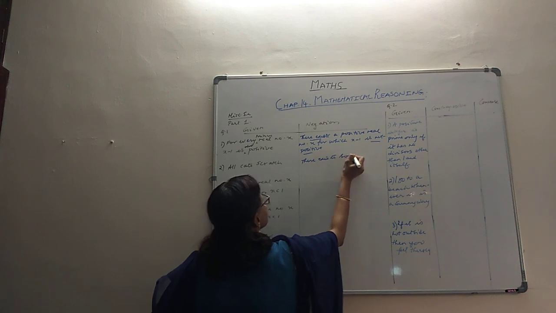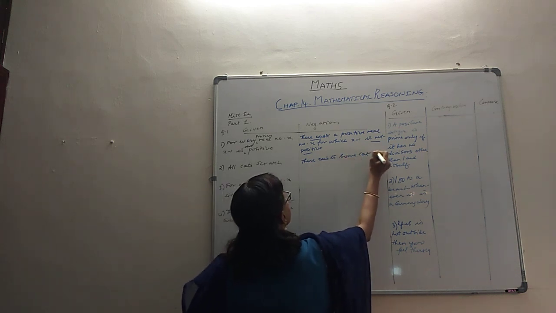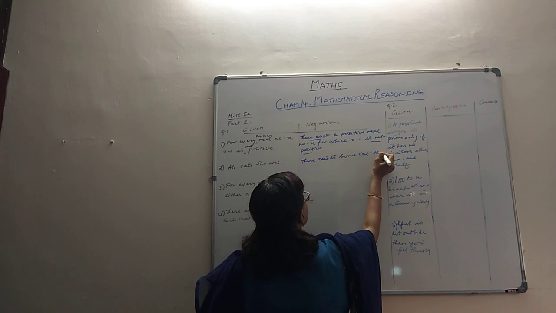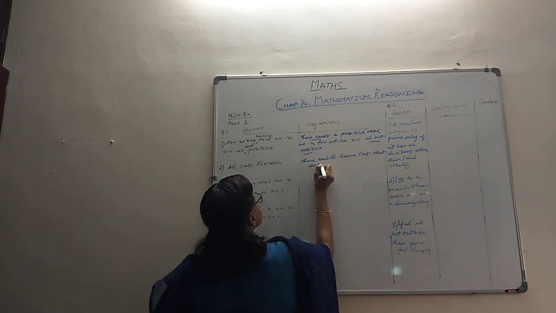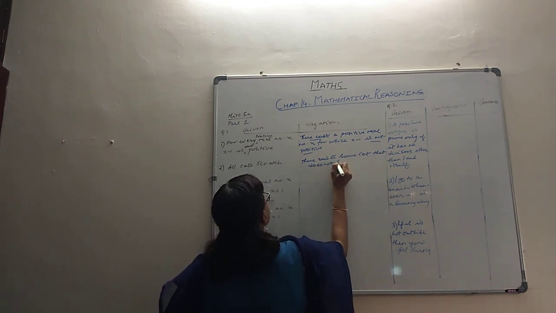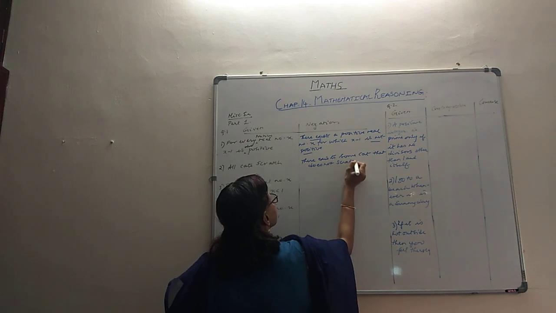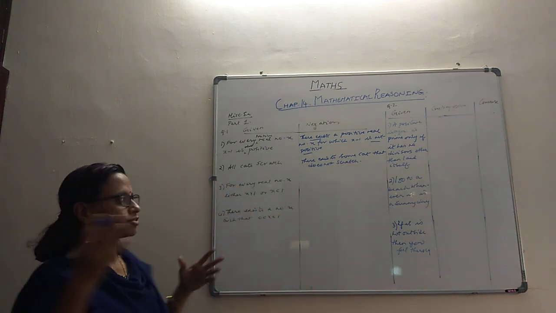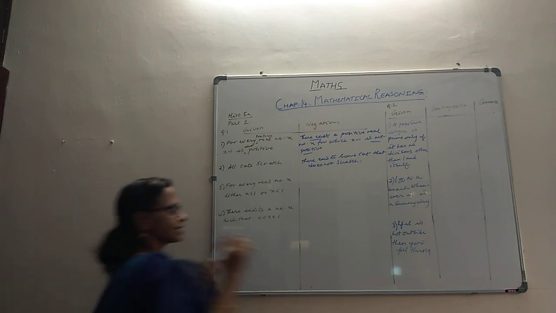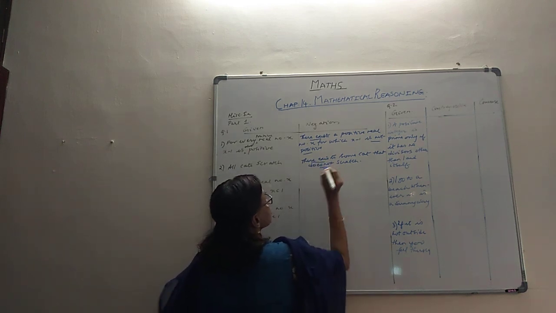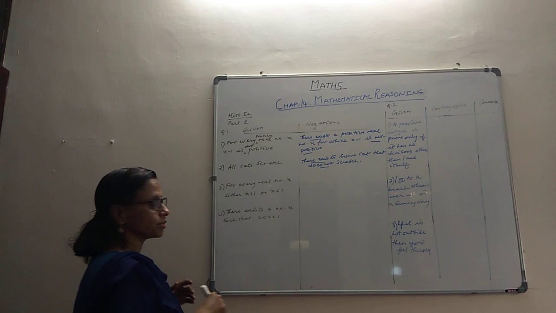You can have different usages of this. The idea is this: there exists some cat that does not scratch. You have to get the negative into the picture.